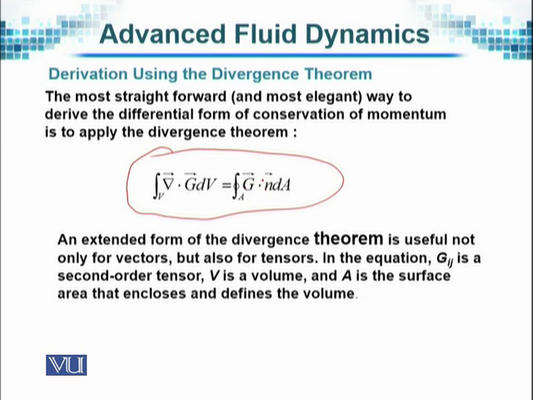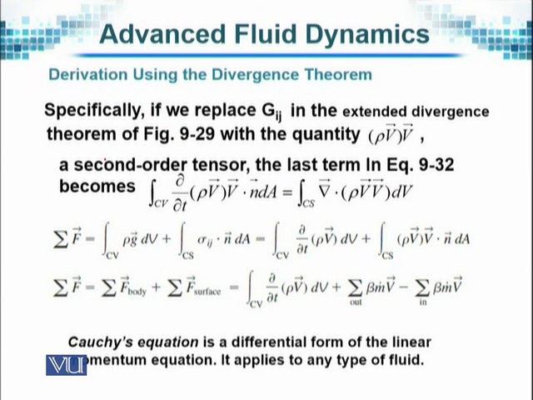This is the extended form, and this is the divergence theorem that we use to simplify the equation that we have just written above, to determine the Cauchy's equation that we want to derive. In that equation, if we replace the second order tensor by using this equation and conversion, we will try to simplify this equation.